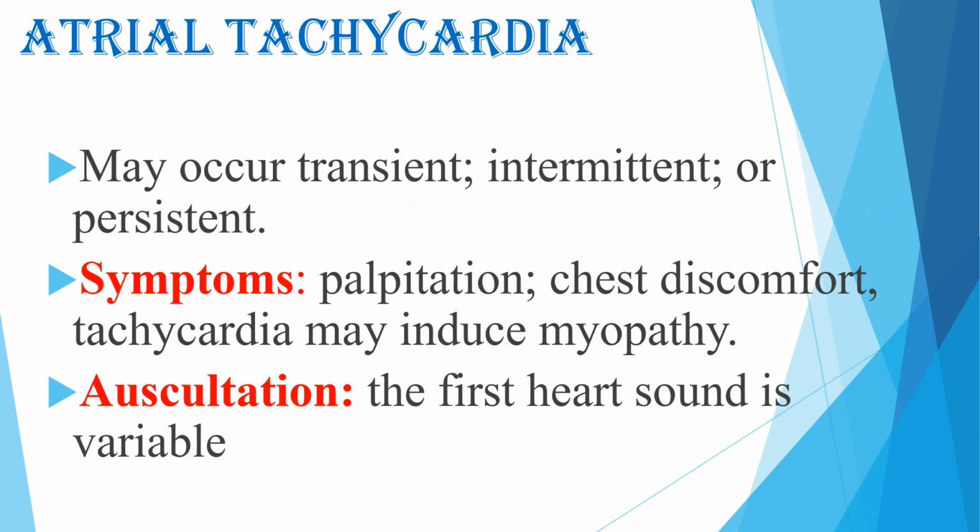It may occur transiently, intermittently, or persistently. The major symptoms are palpitation and chest discomfort. Tachycardia may induce myopathy, because long-term tachycardia destroys the capability of the myocardium, that is, myocardial degeneration happens. On auscultation, the first heart sound is variable.